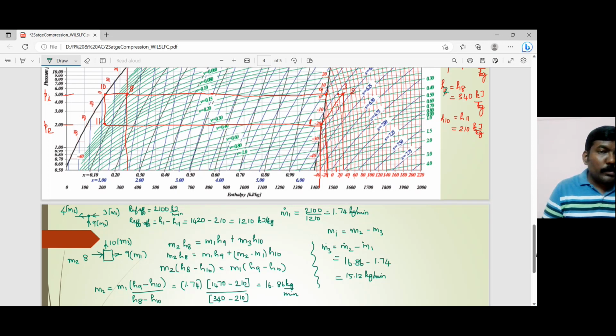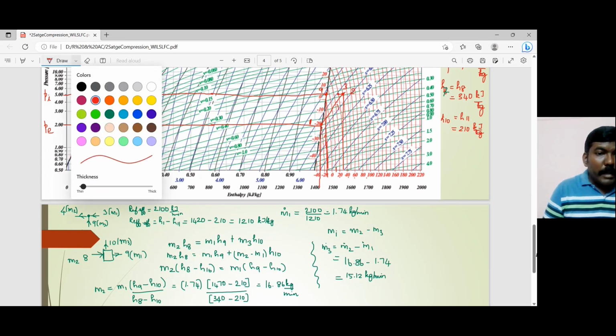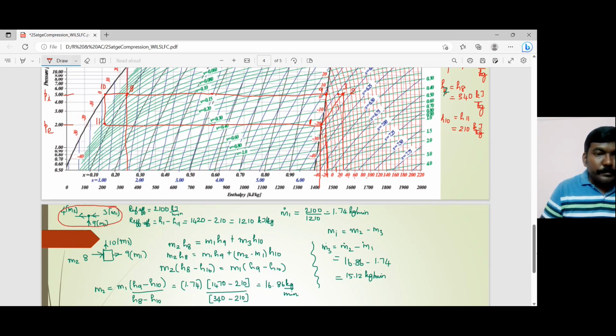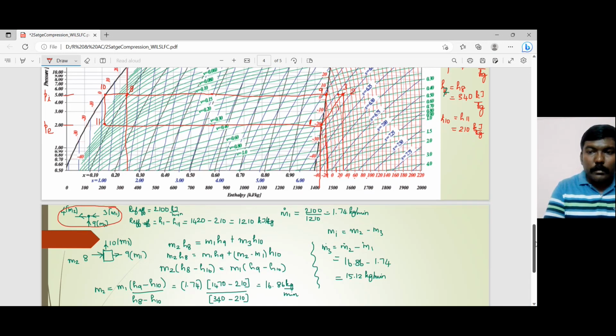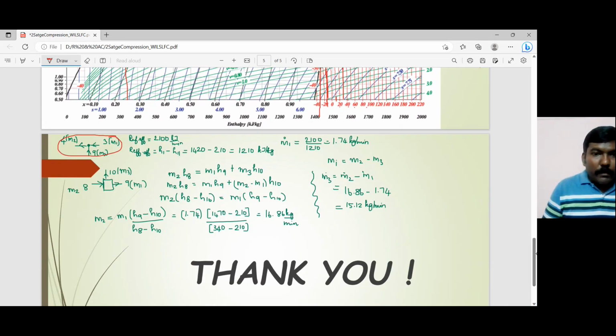So now let's come back to this junction over here. So for this junction, what we have here is M1H3 plus M3H9, that is M2H4.